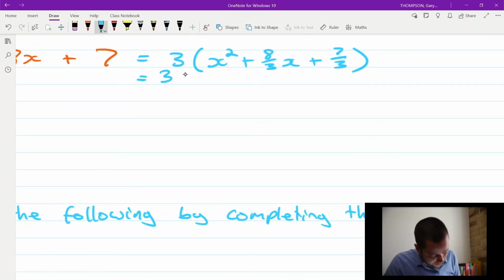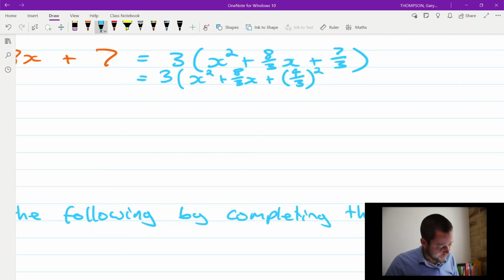Okay, 3 outside of, I need to complete my square, so I need half the middle term, so x squared plus 8 on 3, that stays the same, but I need to add half that middle term all squared. Actually, I can write that as 8 on 6, or I'm halving the middle term, I can just halve the numerator, so that's going to be 4 on 3 all squared. You could have written that as 8 on 6 all squared as well.